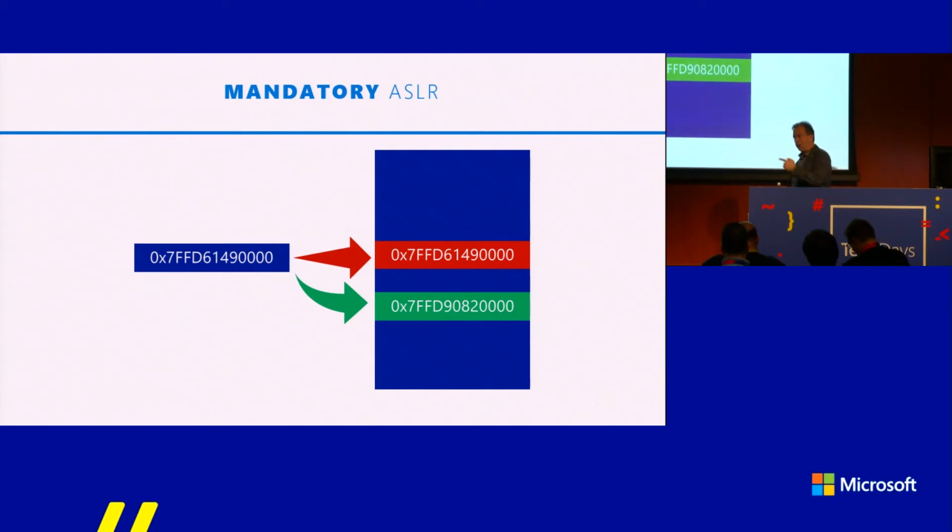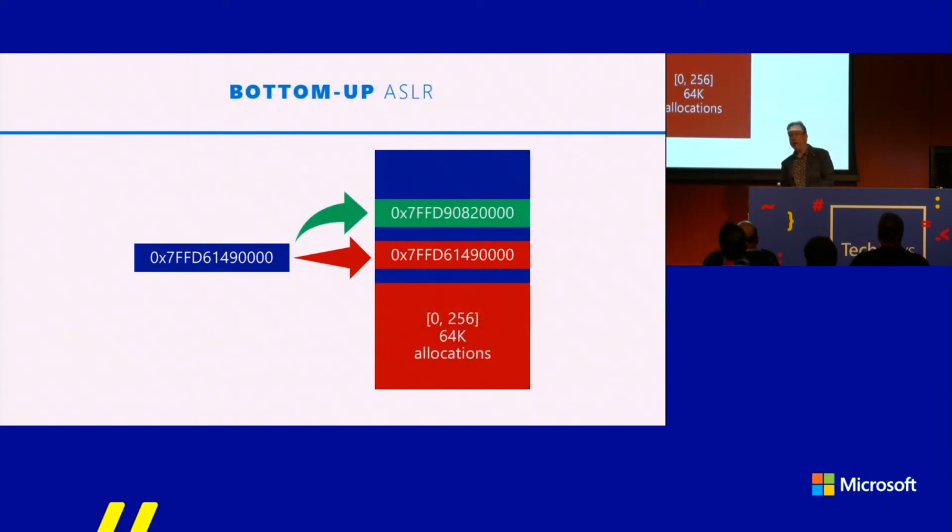Now, mandatory ASLR will move it, but we've noticed we've just changed the problem slightly. We've changed the problem from you're always at where you want to start to either you're at where you want to start or you're at where you go when you can't get there, and that turns out to be fairly predictable. So we have a second option called bottoms-up ASLR, which not only allocates some memory right where you want to go, but it allocates a random number of additional blocks at the beginning of memory, between 0 and 256 64K blocks, that's different every time.